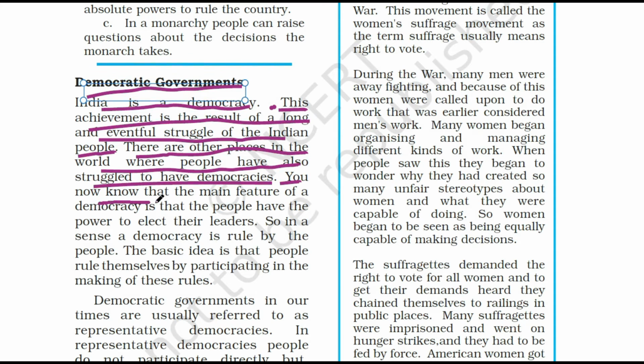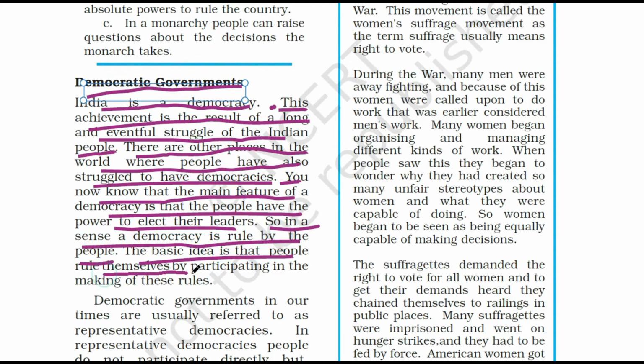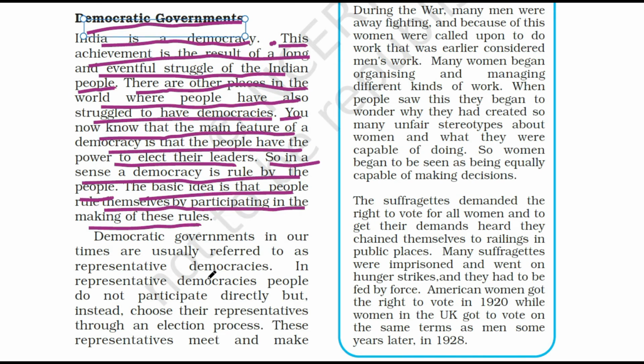You now know that the main feature of a democracy is that people have the power to elect their leaders. So the key feature in a democracy is that the people in the country will have the power to elect their leaders. So, in a sense, democracy is ruled by the people. The basic idea is that people rule themselves by participating in making of these rules. That is so true in the Indian context.